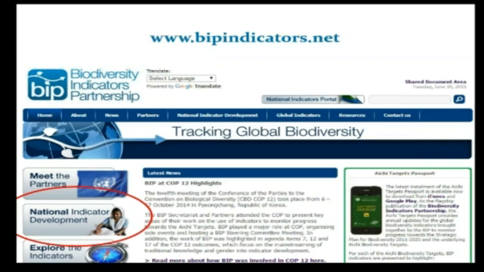Much of that work is now integrated into our participation in the NBSAP Forum. And this is the slide from the homepage of the Biodiversity Indicators Partnership website, and highlighted at the bottom left is national indicator development. If you click on there, there's a whole range of resources to help people develop indicators at the national level, including resources focusing on NBSAPs, and I'm going to be highlighting some of those during this webinar.